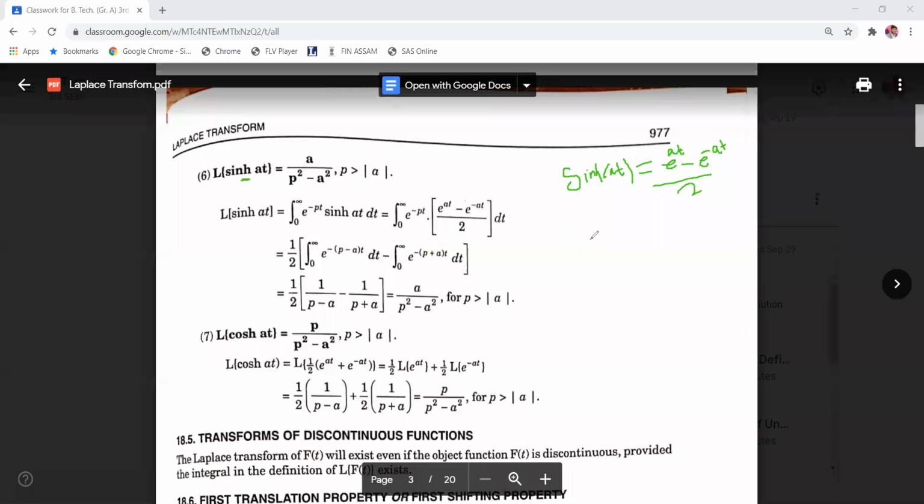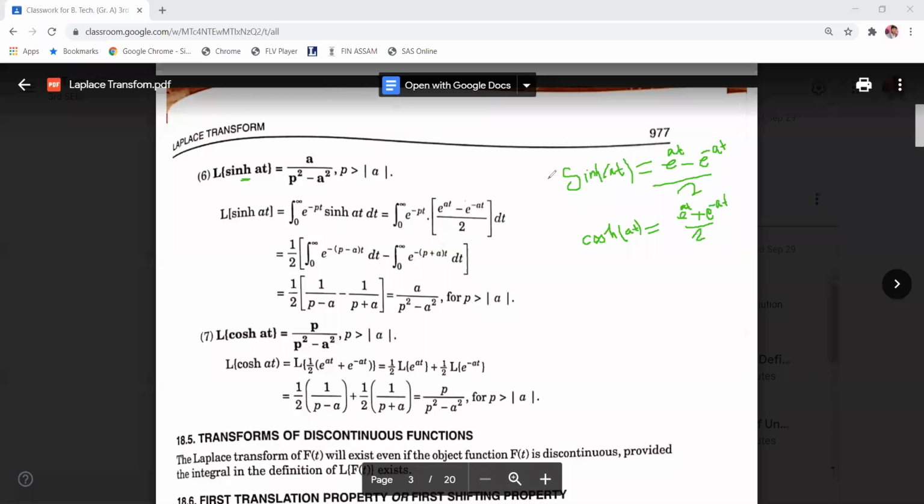Similarly, for cos hyperbolic at, that will be e to the power at plus e to the power minus at by 2.